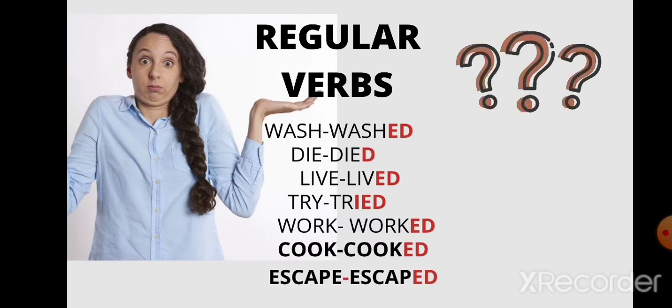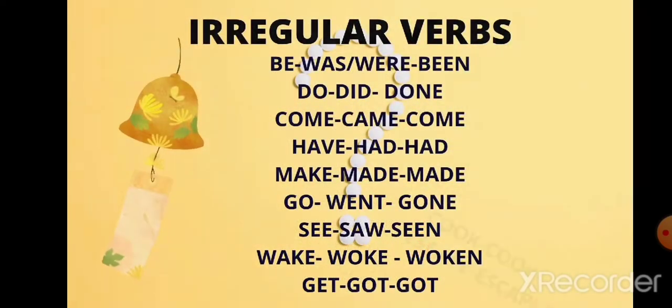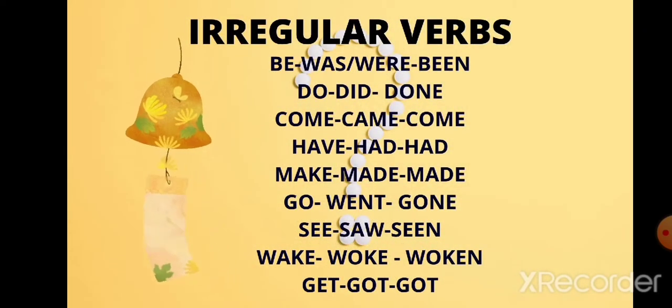Regular verb, irregular verb, what are they? Okay, let me explain. If the verb requires ed suffix at the end to form past simple or participle two, for our case, for present perfect, these are regular verbs. For example, wash, washed, die, died, live, lived, try, tried, work, worked, cook, cooked, escape, escaped. And irregular verbs change their roots in order to form past or participle form.